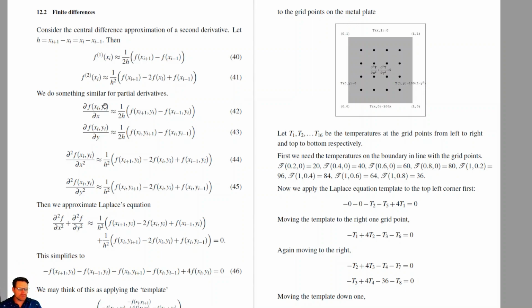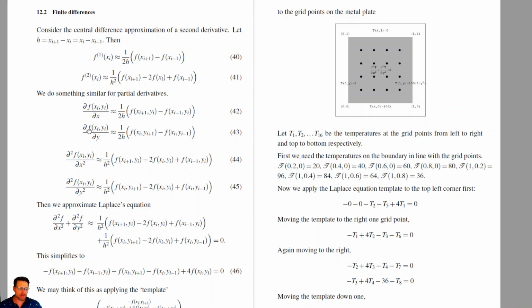And so an approximation of the partial derivative of f with respect to x, using this equation 40 here, would look like 1 on 2h times f of x_{i+1}, y_i minus f of x_{i-1}, y_i. So we're keeping the y value the same in each of these, right? But we're moving ahead in the x value and behind in the x value. So we can form a chord on the vertical slice that's parallel to the x-axis there.